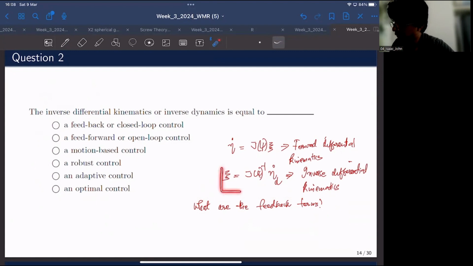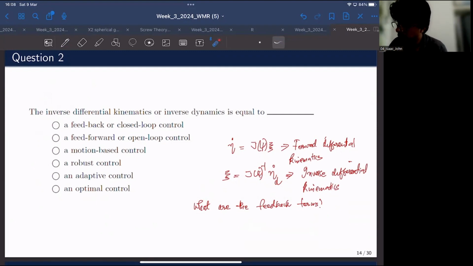No, because in this control law, there is no parameter that is actually coming from the sensors. Jacobian is basically an inherent property that is associated with any mobile robot. And eta desired dot is nothing but the velocities of the desired trajectory that is coming from the trajectory planner, supplied by the user themselves, which is not coming from the sensors.